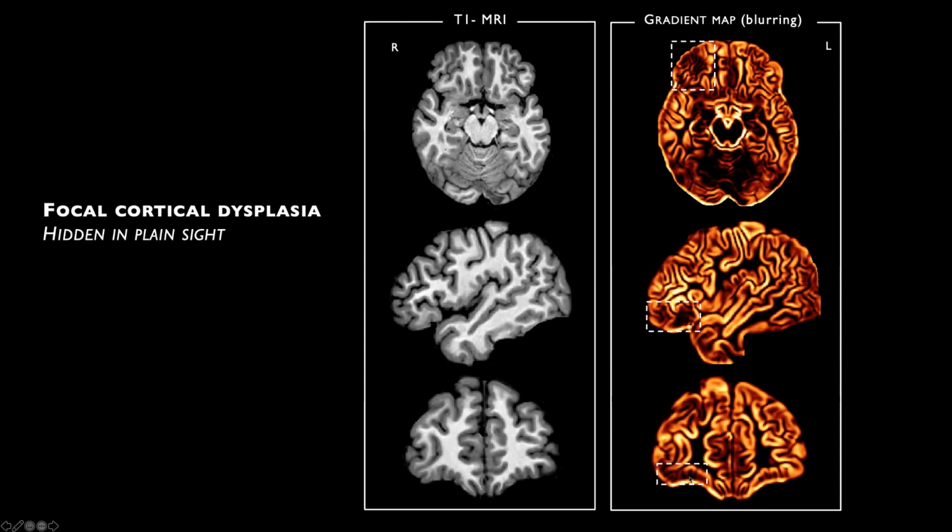The blurring is present on the T1 MRI, but very subtle, as shown by this sagittal cut. So this case demonstrates again that what defines FCD visibility is the degree of severity of lesional features rather than size.